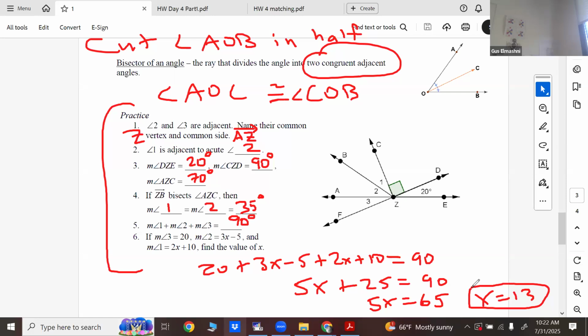Then it cuts in half, 35, 35. So you know measure angle one equals measure angle two, which equals 35. And then the rest should all fall in place. Good, great. But you also say for measure angle AZC, it equals 70 degrees.